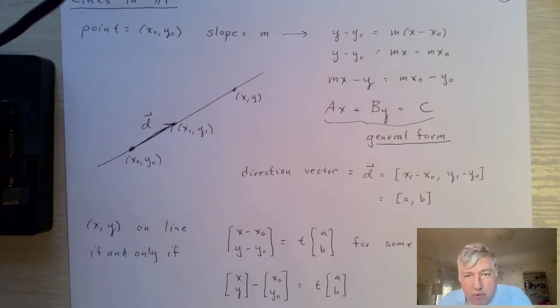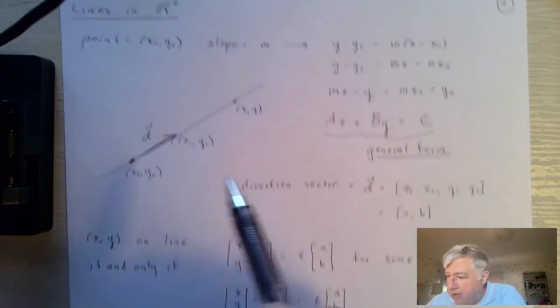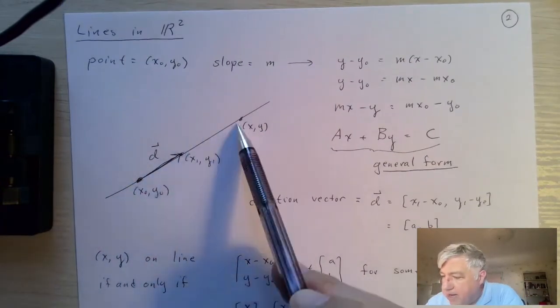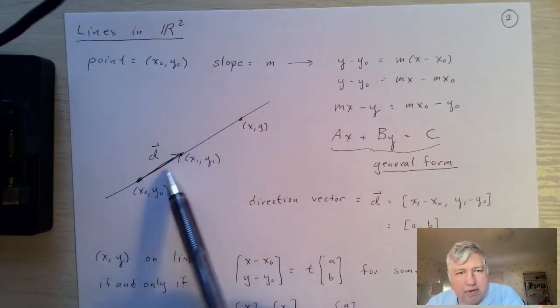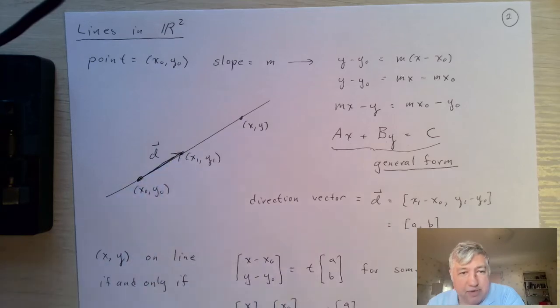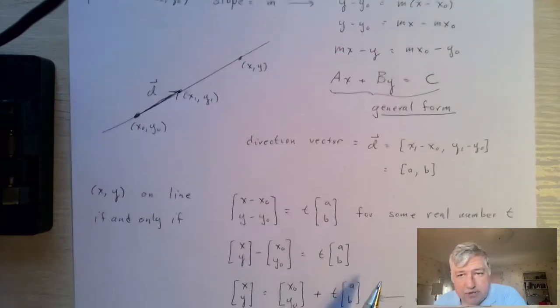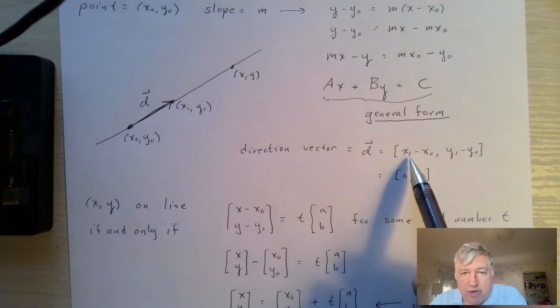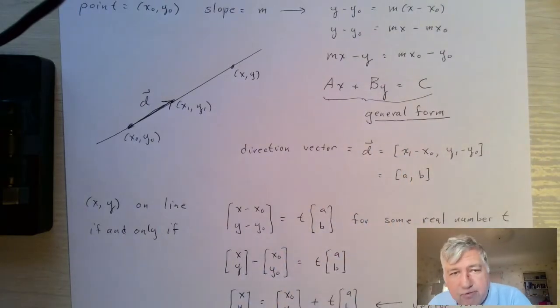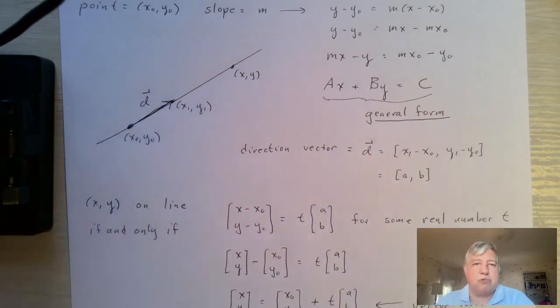But we can see that the vector connecting any 2 points on the line has to be a multiple of this direction vector, d. The direction vector is not unique; its components are not unique, because they depend on what 2 points you pick.